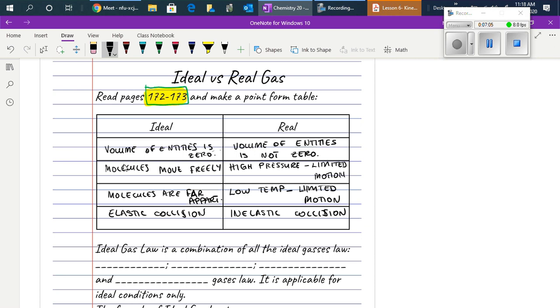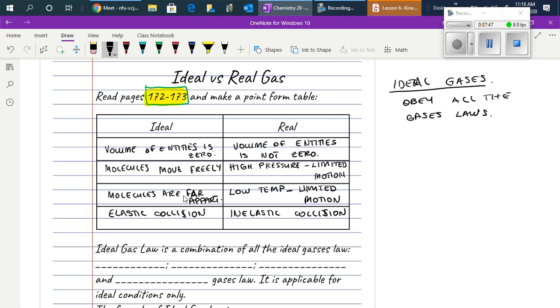And actually the collision that is happening between the entities and with the container that the gas is in is considered to be an inelastic collision. So ideal gases perfectly obey all the gas laws, as we have explained them.